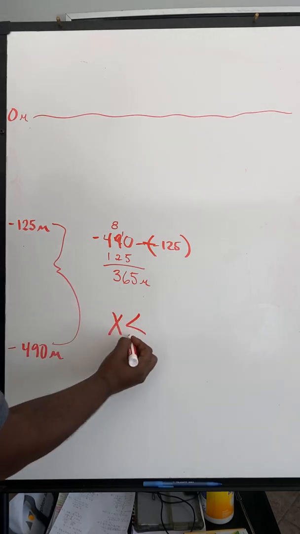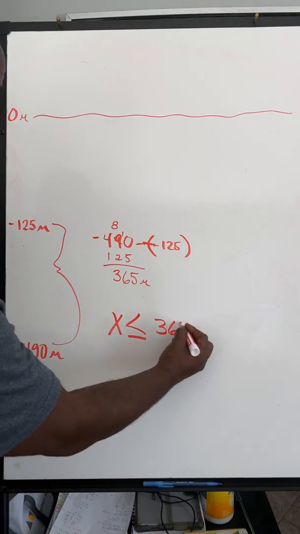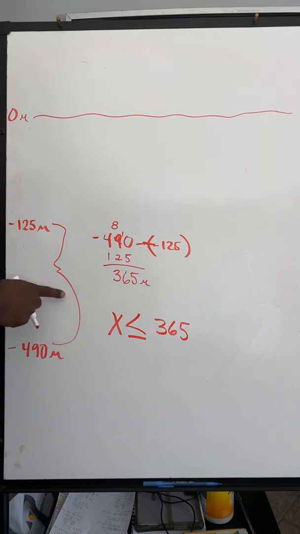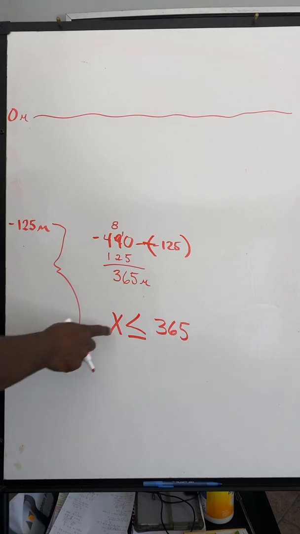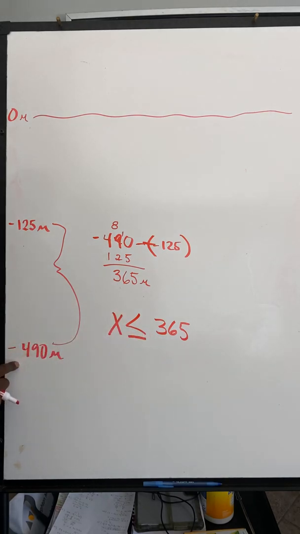Or equal to 365 meters. In other words, we can go less. We can go 364, 360, 200. We can go anything up to 365, which will get us to here, or less, which will keep us above the negative 490 meters.